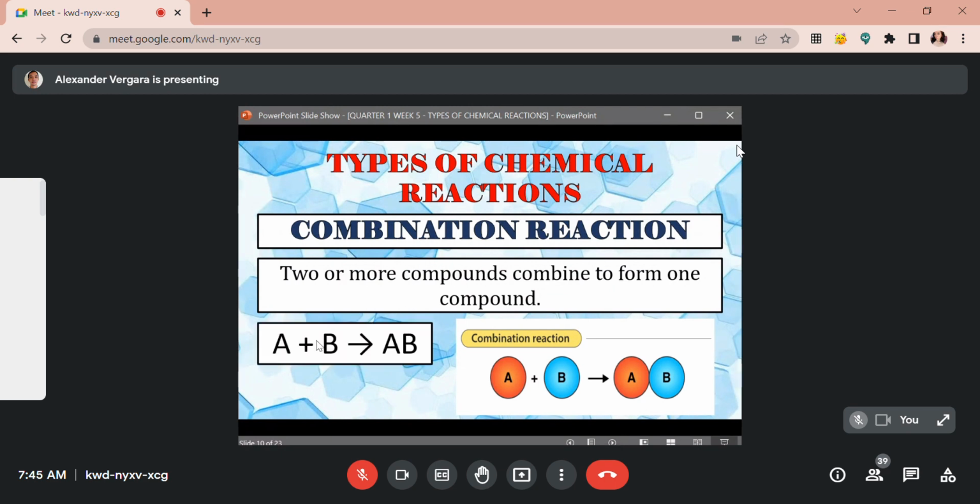Okay, so for example, always remember this formula: A reacts with B, produces AB. So meaning to say, if you combine two elements, that's why, from the word combine, it is a combination reaction.